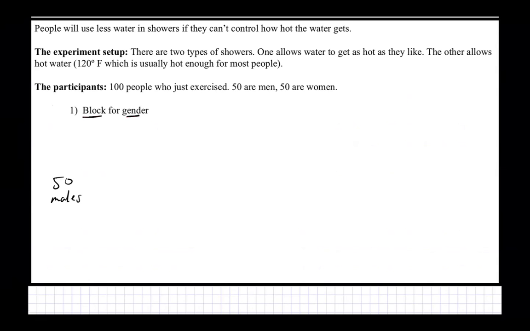All right, so how many treatment groups are we going to have? We always have one control group, but how many treatment groups are we going to have? So who's going to be the treatment group? The group that only has 120?